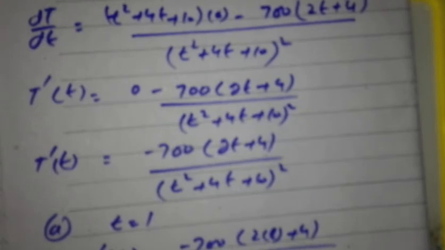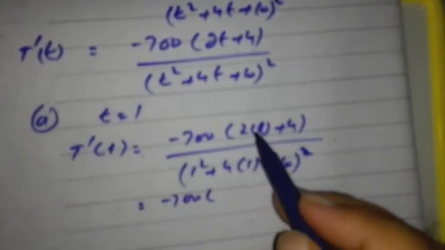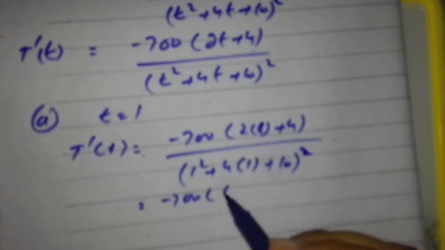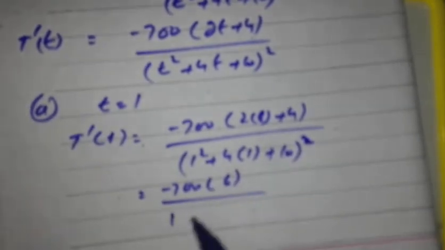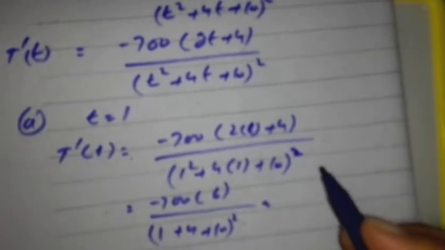Minus 700. Look here, 2 1s are 2, 2 plus 4 is 6 over here, 1 square is 1, 4 1s are 4, plus 10, whole square.